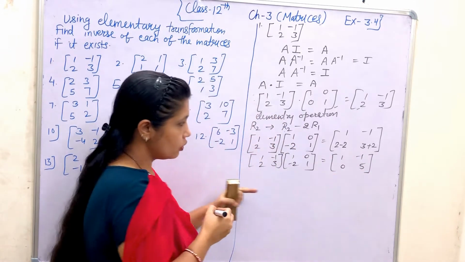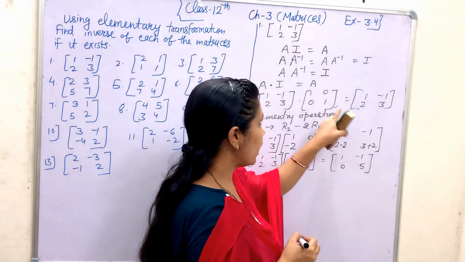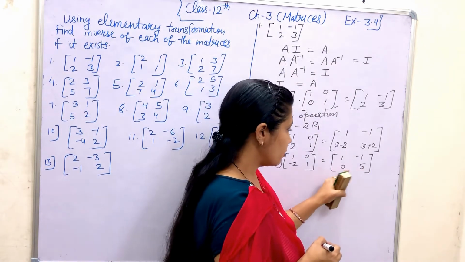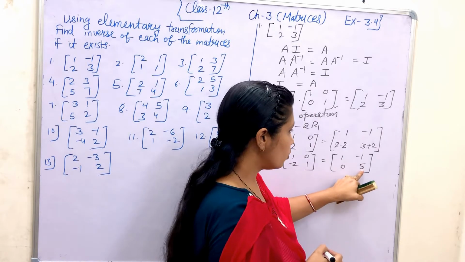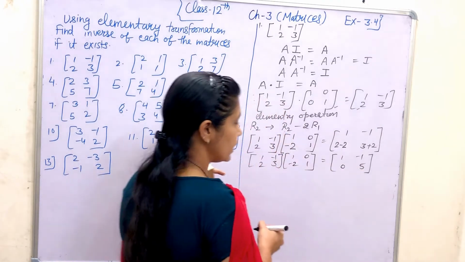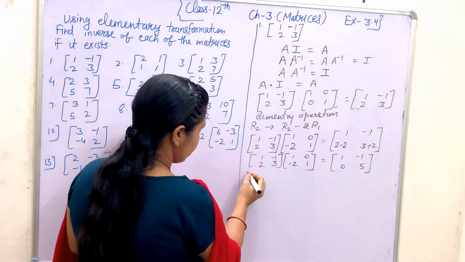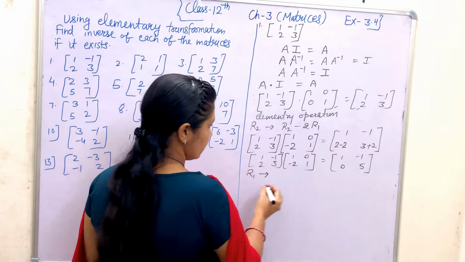Now we use this matrix. We know that in A12 position we have to make our element as 0. So how can we make? By using elementary operation row wise. We know that in R2 we have element A22 is 5. So what we do here, in R1 we change R1.